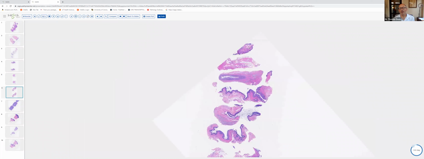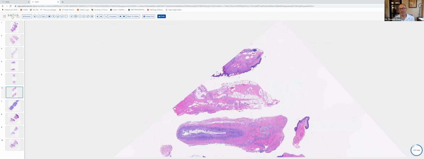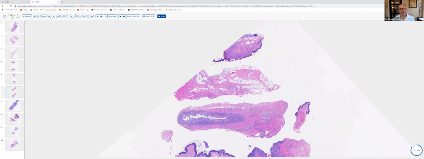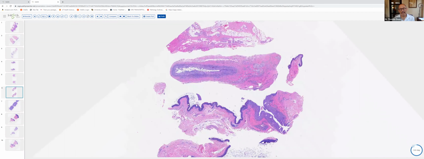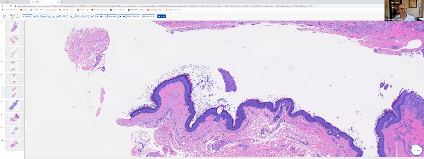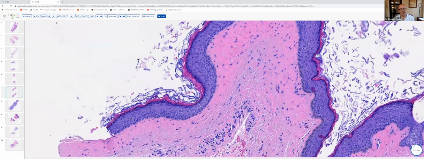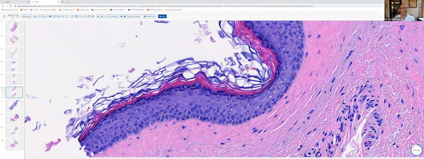Just to give you orientation here, we do have a little fragment of surface epidermis here. This cyst was very, very deep. It was actually scraped off the bone. And when you take a look at the cyst lining, you can see that it is composed of stratified squamous epithelium.